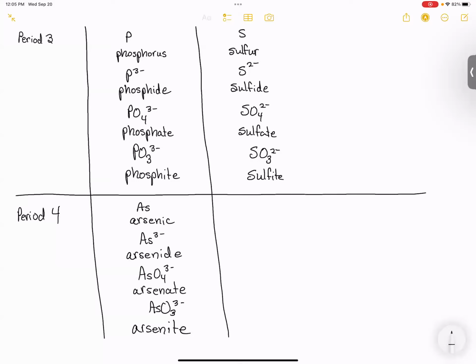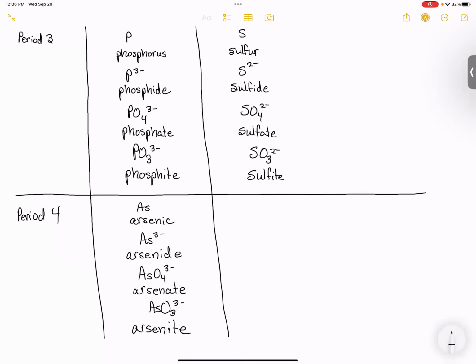What other things do you notice? The ending changes as it goes down.